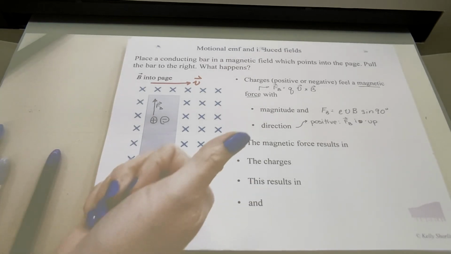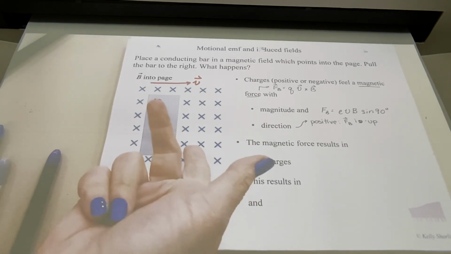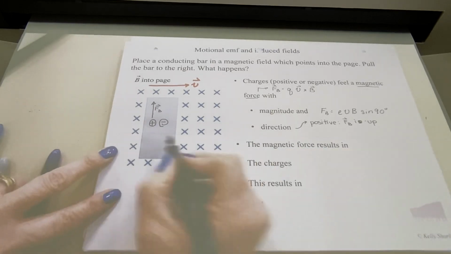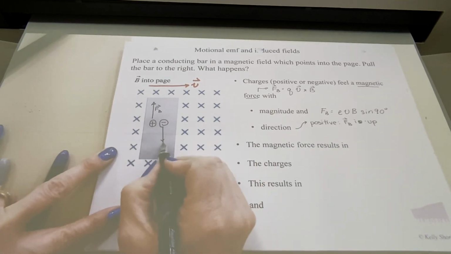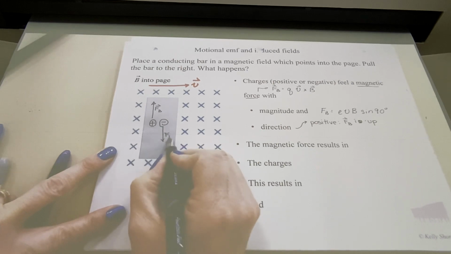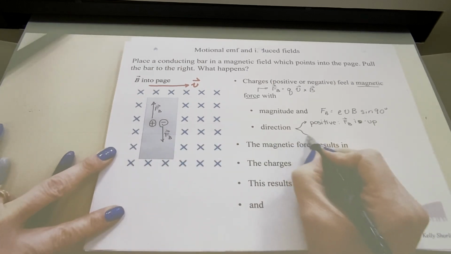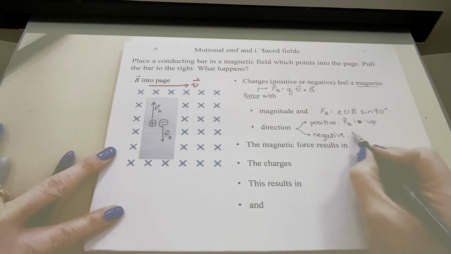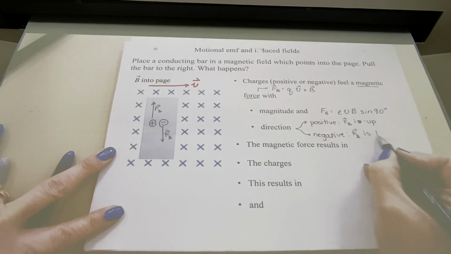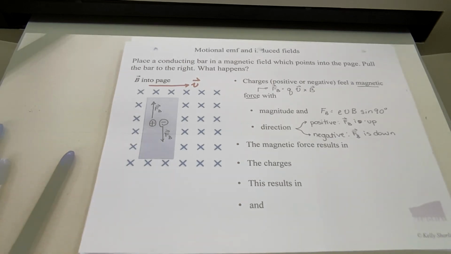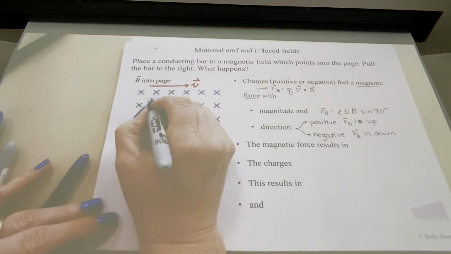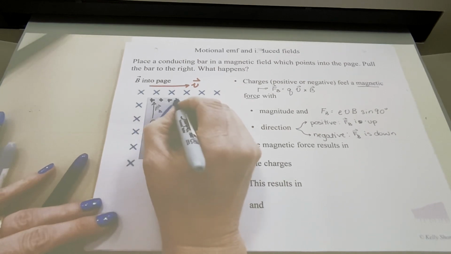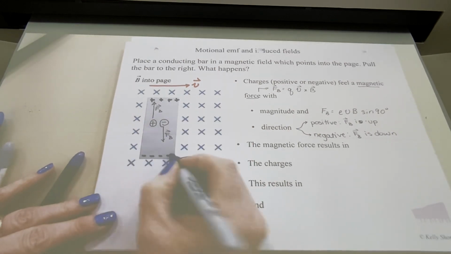And for our negative, we still do Q V cross B, but where we have a negative charge, we have to rotate our answer by 180 degrees. For those charges, the magnetic force points down. So, if positive charges are pushed up and negative charges are pushed down, what it means is that all of the positive charge will drift to the top, and all of the negative charge will drift to the bottom.